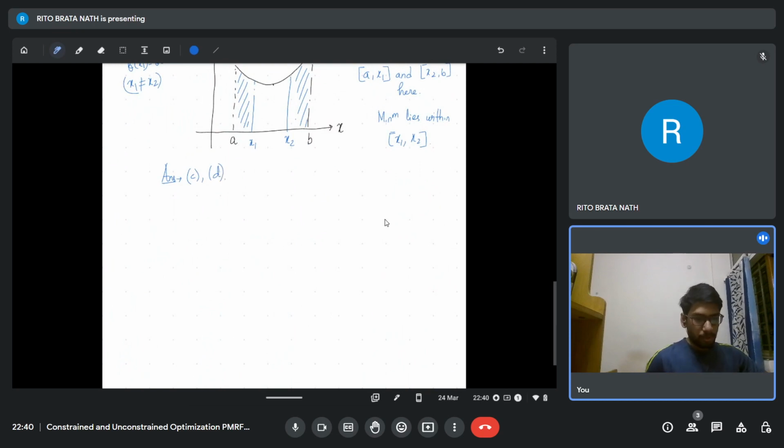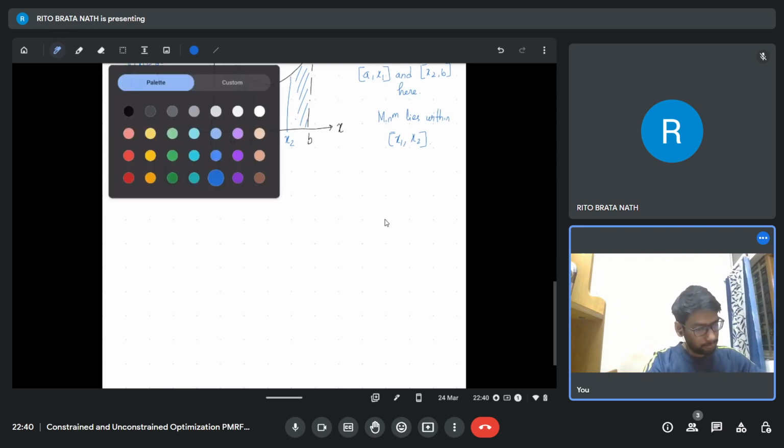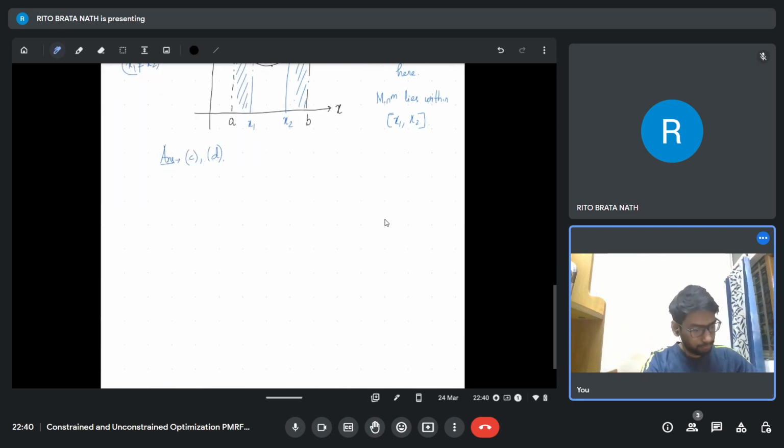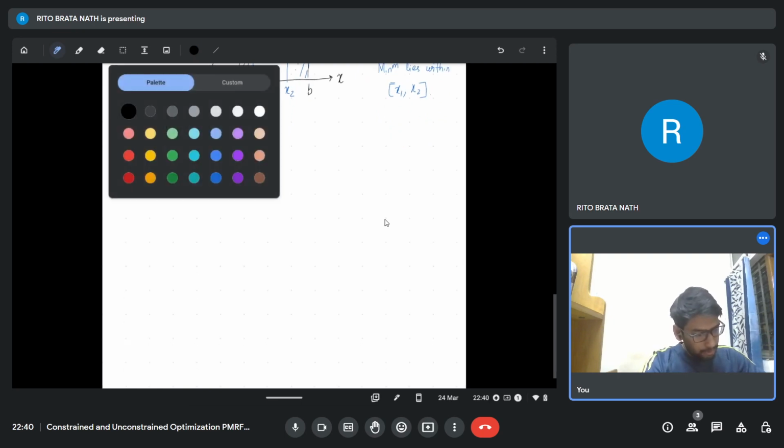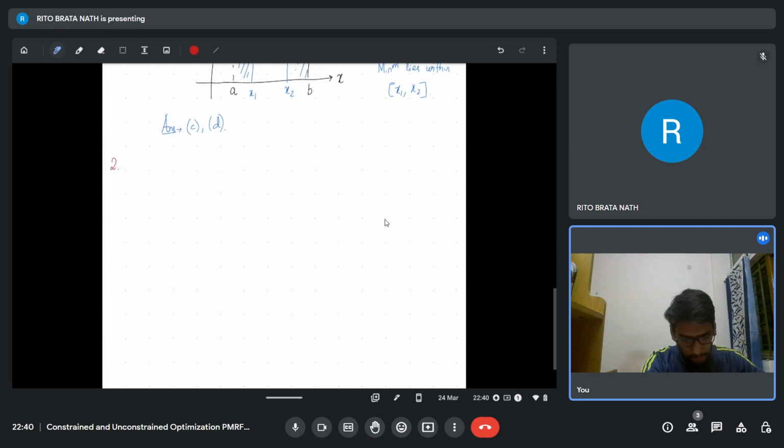Okay, so that's all about the first problem, and I think it's clear to you now. Let me move on to the second problem and solve it. Okay, so the second problem tells you to solve an unconstrained nonlinear optimization problem using the interval halving method.